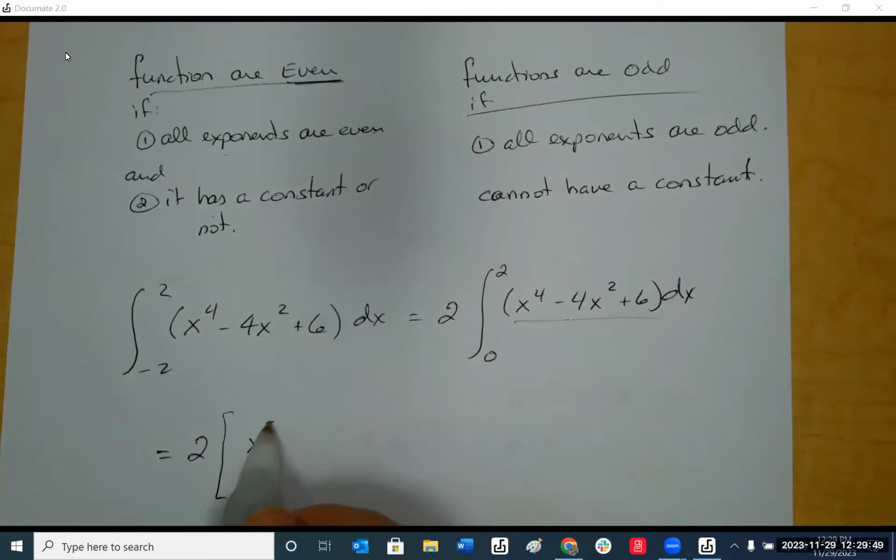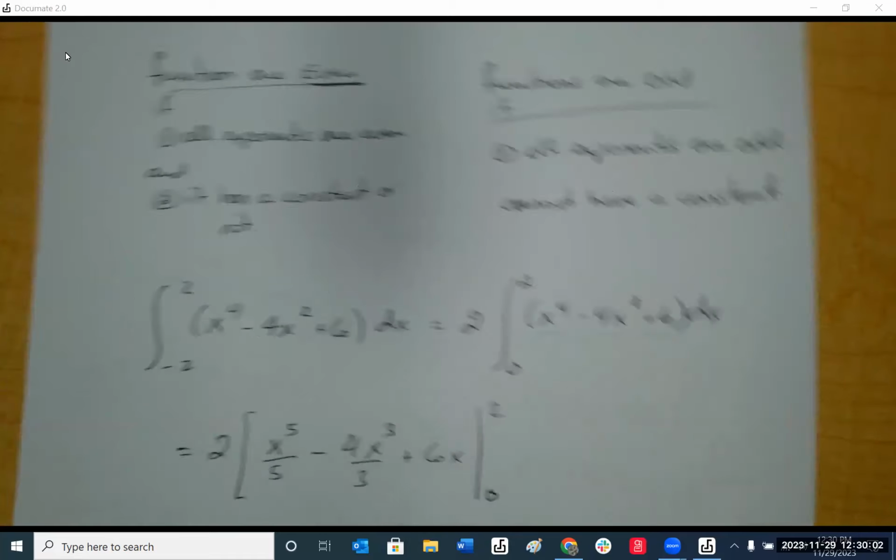So it's x to the 5th over 5, minus 4 times x to the 3rd over 3, plus 6x, from 0 to 2.